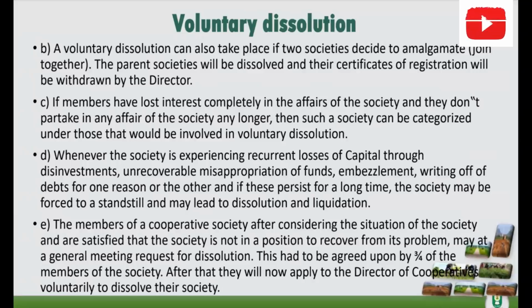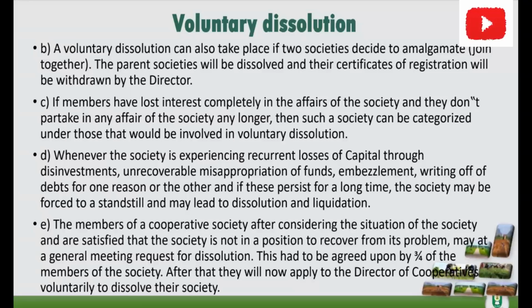The third way voluntary dissolution can happen is if members have lost interest completely in the affairs of the society and they don't partake in any affairs of the society any longer. Then such a society can be categorized under those that will be involved in voluntary dissolution.